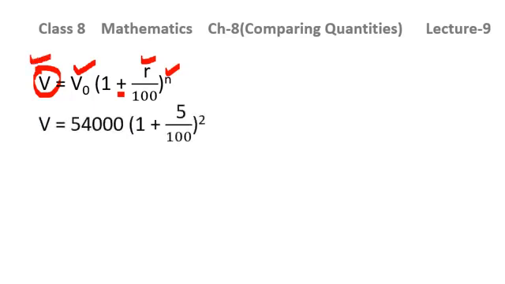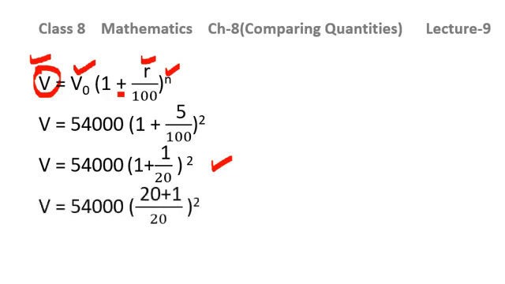So V is 54,000 into 1 plus 5 over 100 raised to the power 2. Then after cancelling out, 5 over 100 will be cancelled and it will be 1 over 20. So V is equal to 54,000 bracket 1 plus 1 over 20 raised to the power 2.